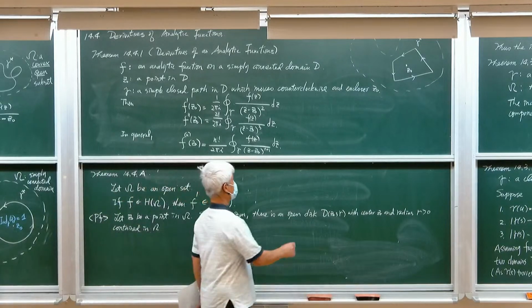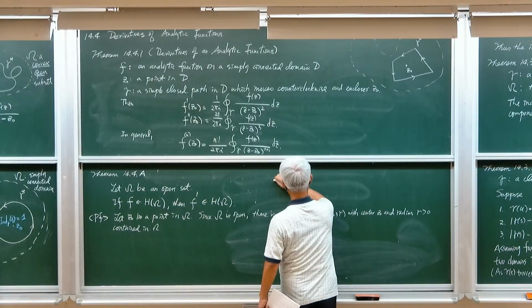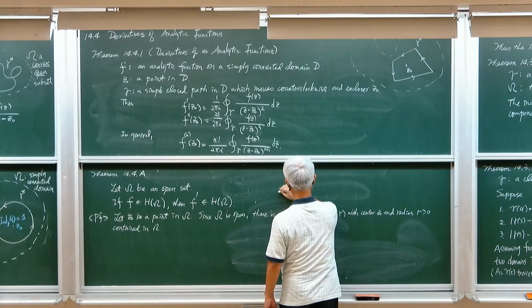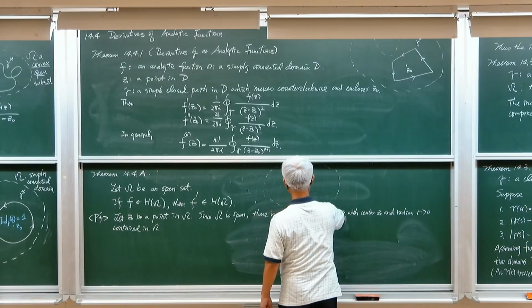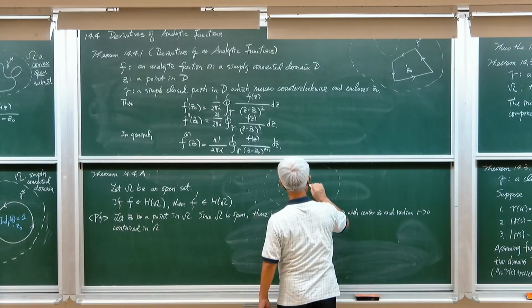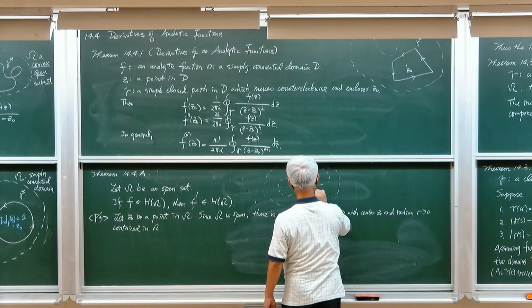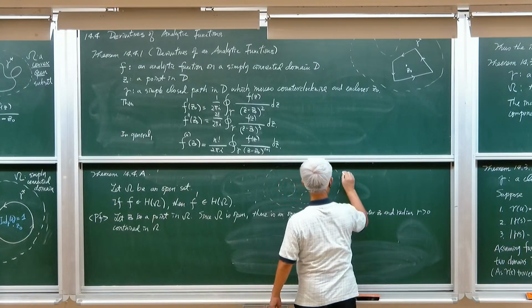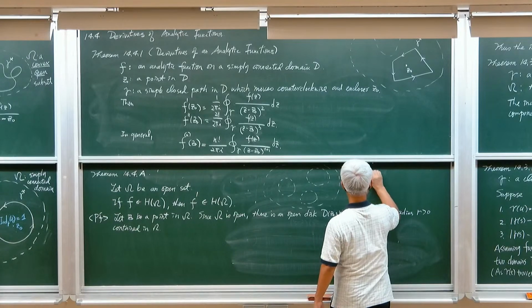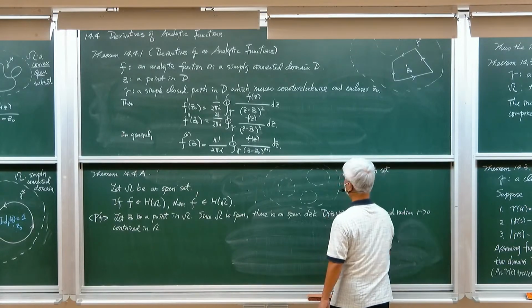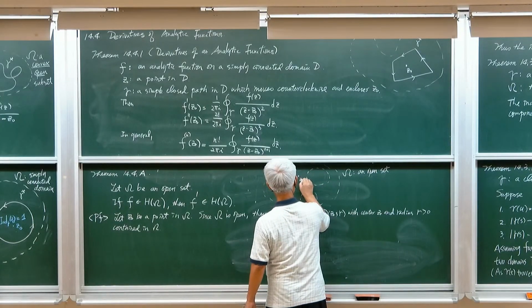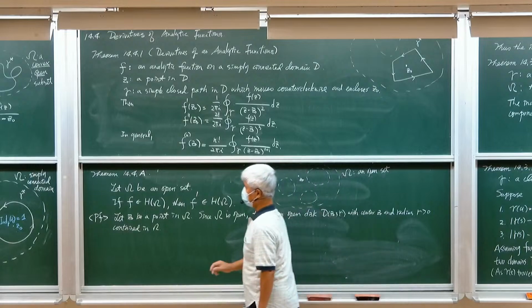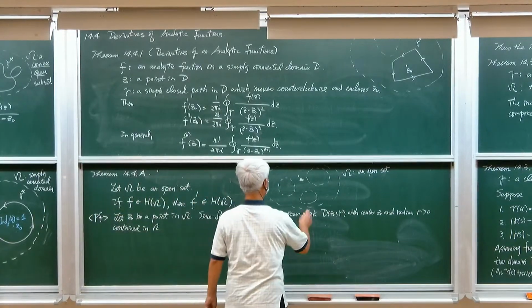Okay, so the situation here is that omega is an open set, and then you pick a point z0, then you can select an open disk.